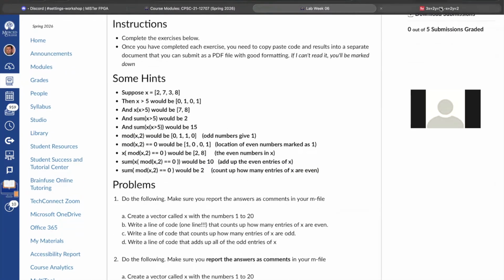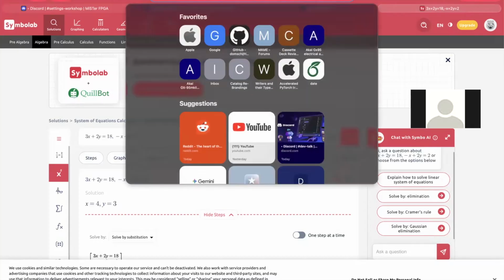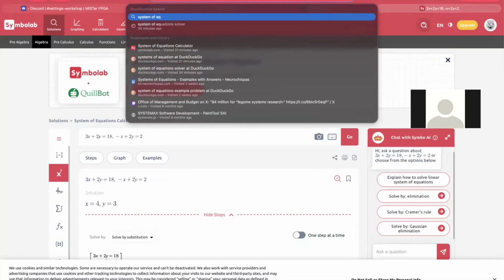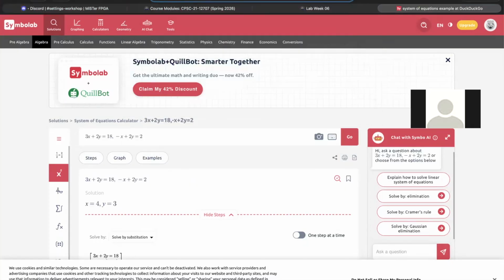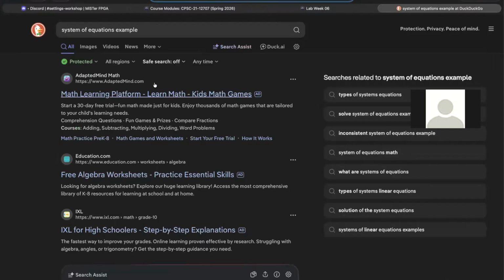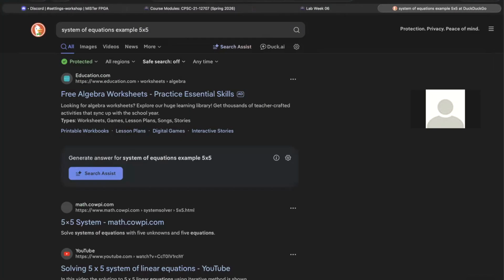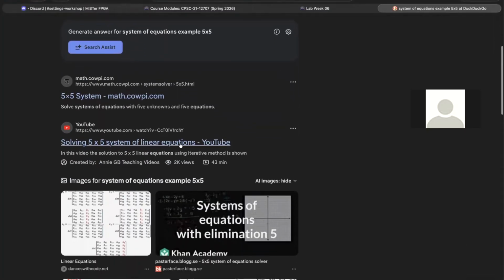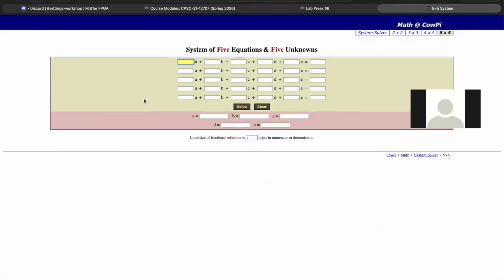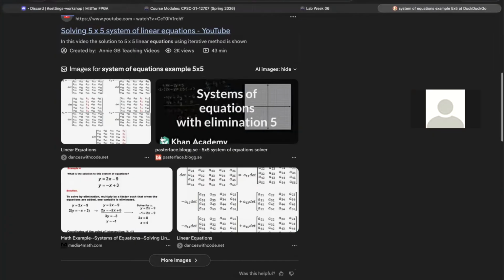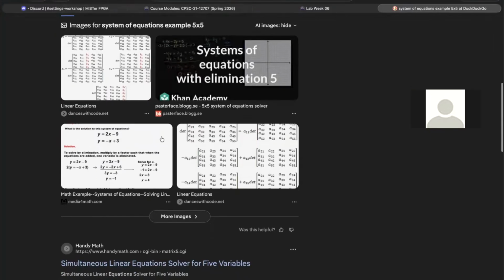So what I'll do instead is I'll just find some system of equations. A system of equations example, say 5 by 5. Let's do a 5 by 5. I'm sure we can find one. Oh, that's a solver. I don't want that.